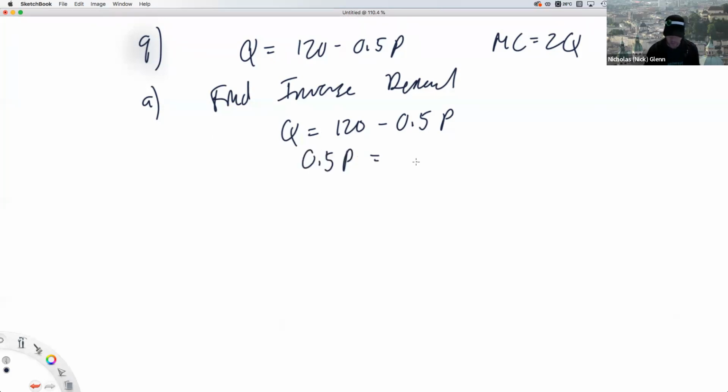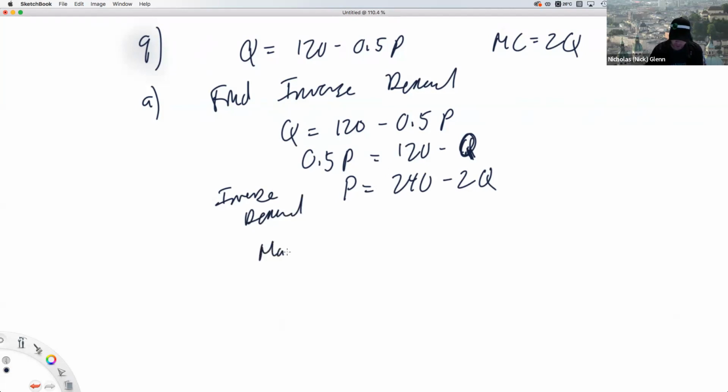So you add 0.5P to both sides, 120 minus Q. Then you multiply both sides by 2. This gives you P equals 240 minus 2Q. So that's the inverse demand.